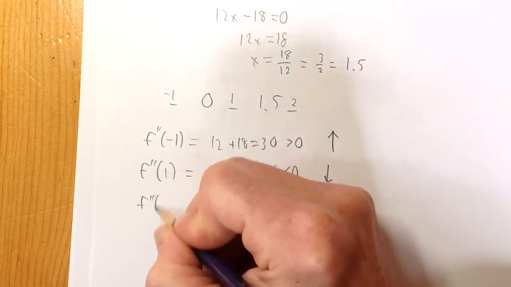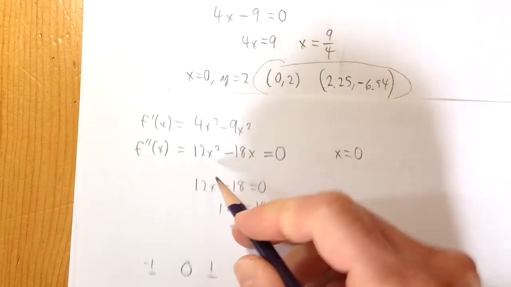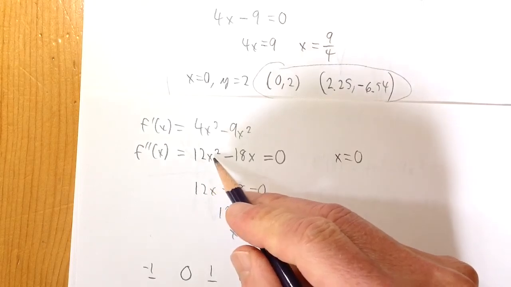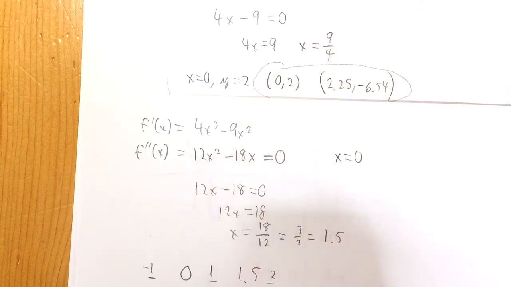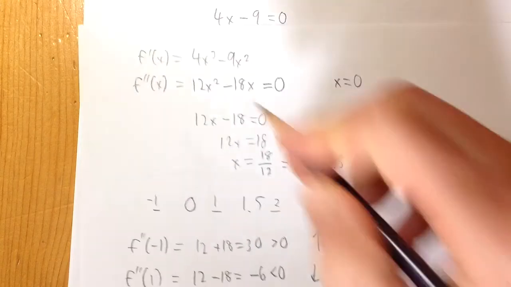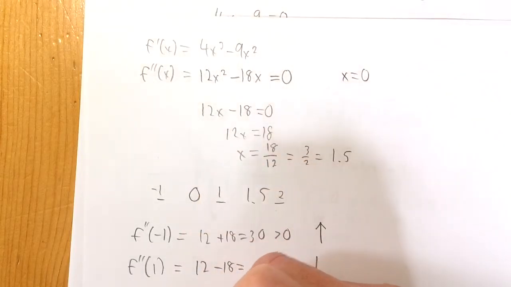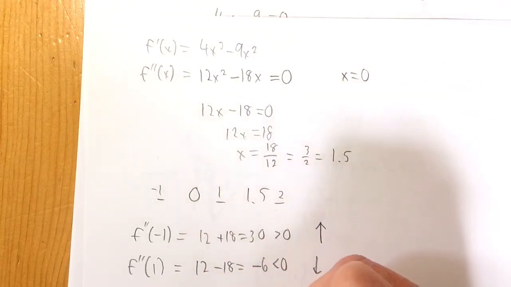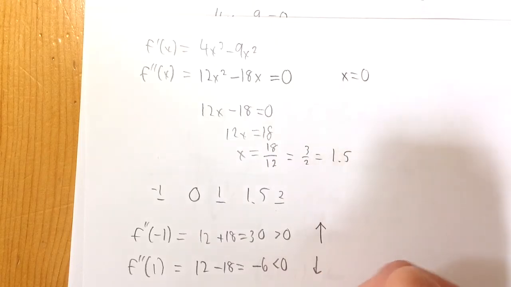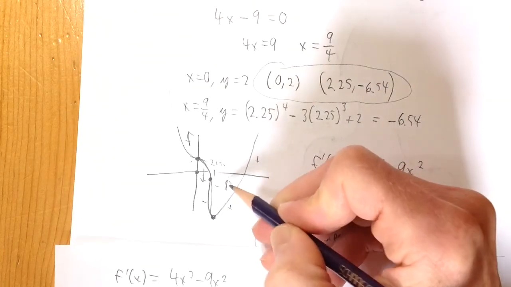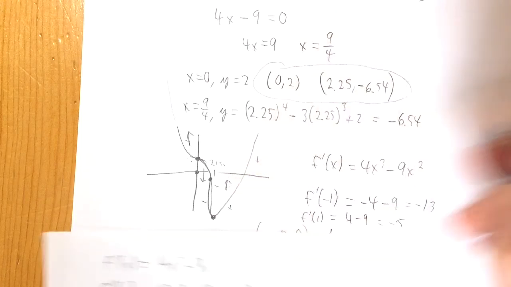So the second derivative at 2, again, easy math, kind of, that's 2 squared is 4, so that's 24 times 4, which is 48. 48 minus 36, which is positive 12, which is greater than 0, so it's concave up, which again we knew from my really bad picture, it's concave up.